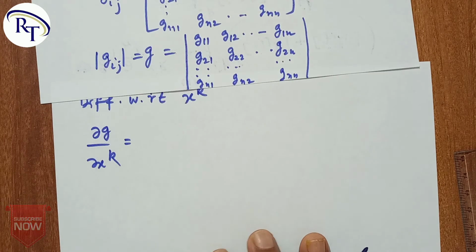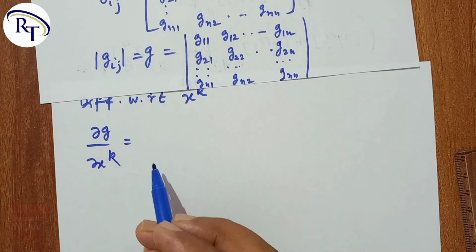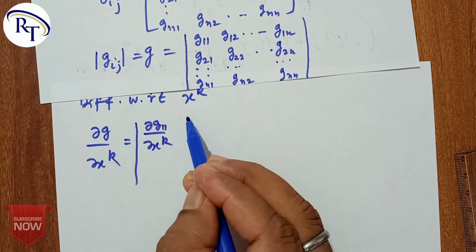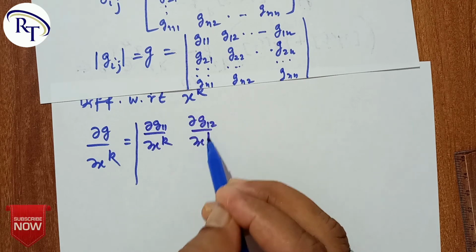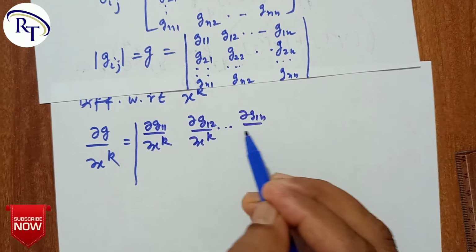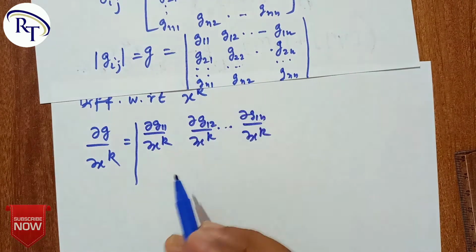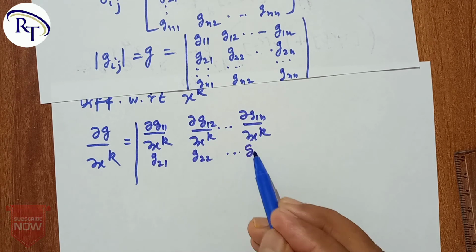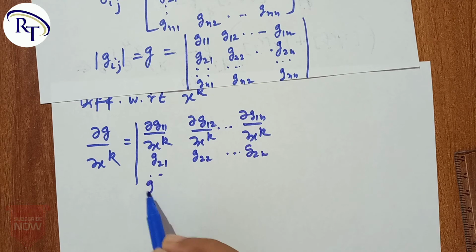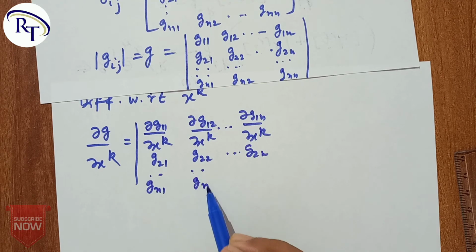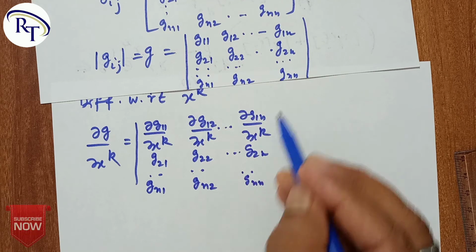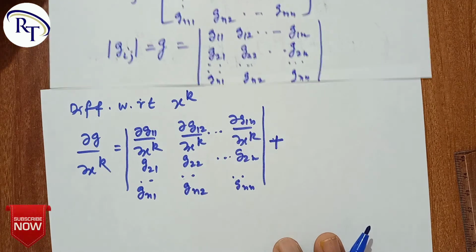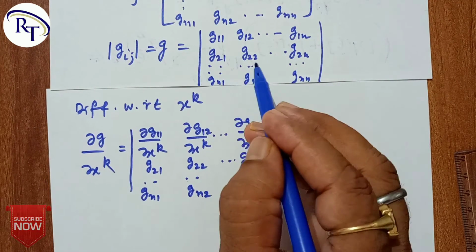The first row becomes ∂g11/∂x^k, ∂g12/∂x^k, up to ∂g1n/∂x^k, and the other rows are as they are, g21, g22, up to g2n, and the last row g_n1, g_n2, up to g_nn. Plus, now we differentiate the second row, G21, G22 and so on.